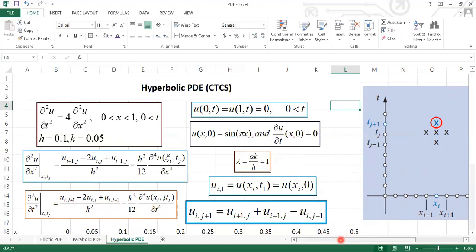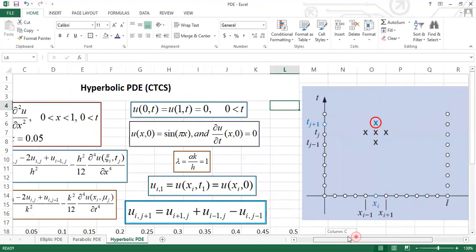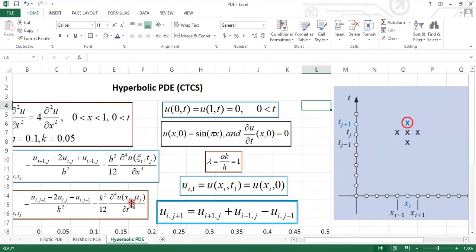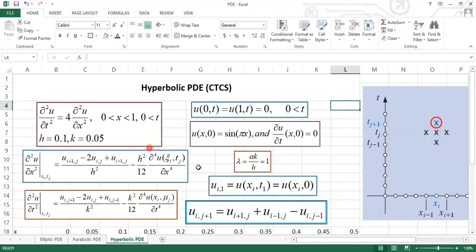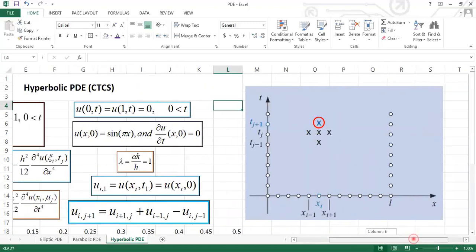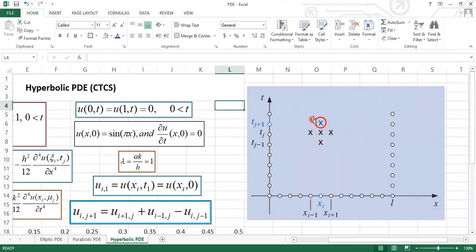Now if we write these approximations to the equation, we have an equation in which we can compute the value u(i,j+1) by utilizing the values u(i,j-1), u(i-1,j), u(i,j), and u(i+1,j).